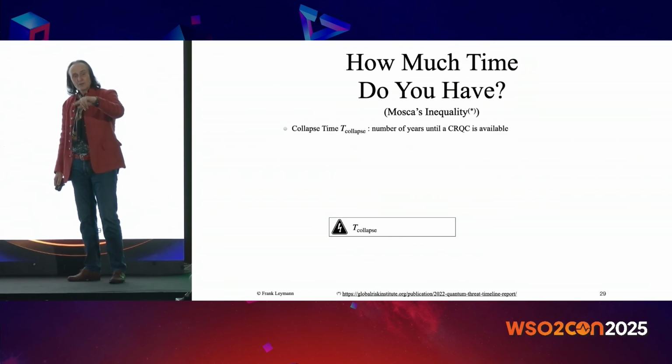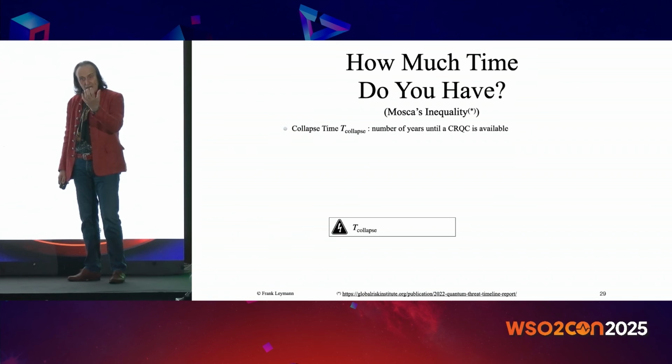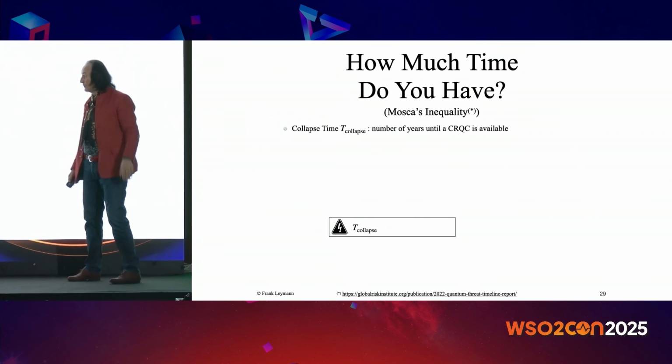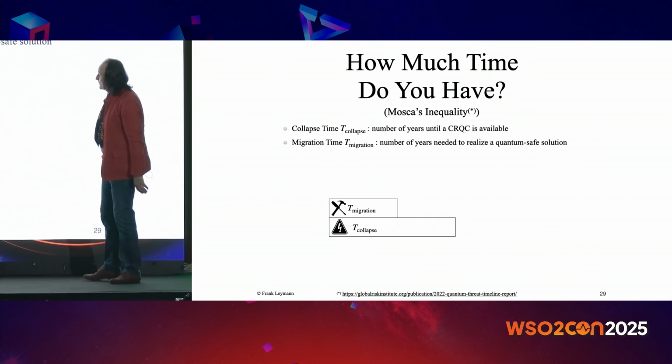With the announcement Microsoft made a few days ago that they have qubits that are absolutely stable, they say it's much earlier. If you believe this hardware vendor, they say 27, 28, it may be that we have a powerful computer that blows us all back to the Stone Age. So T-collapse, how long is it?